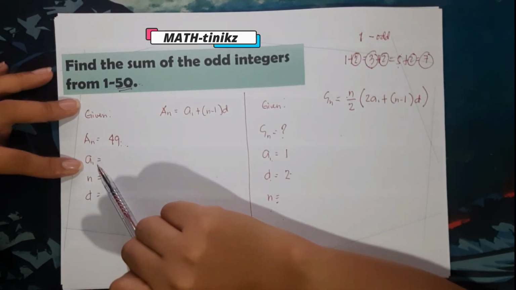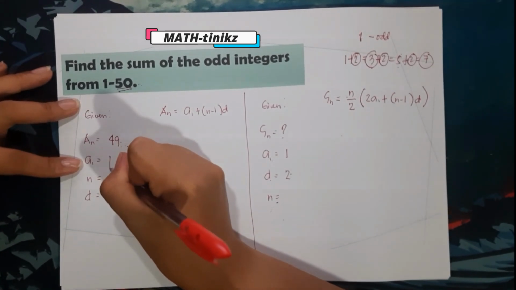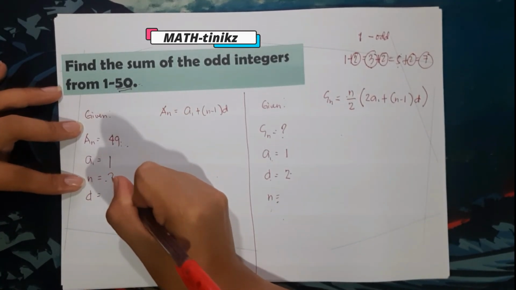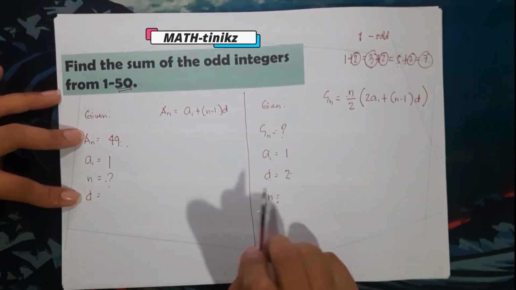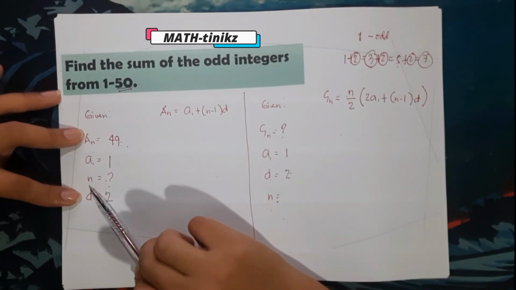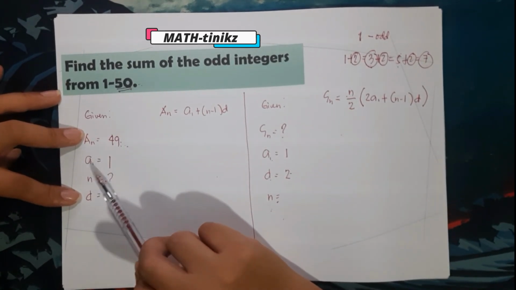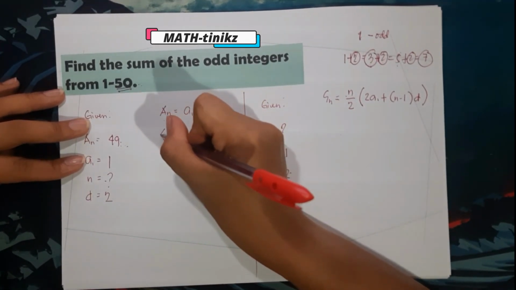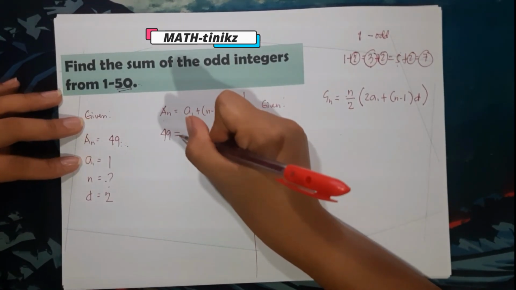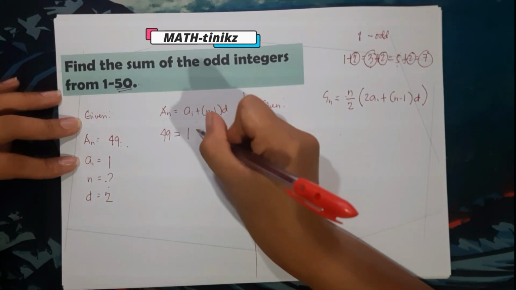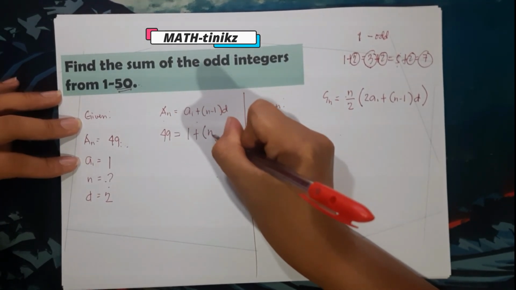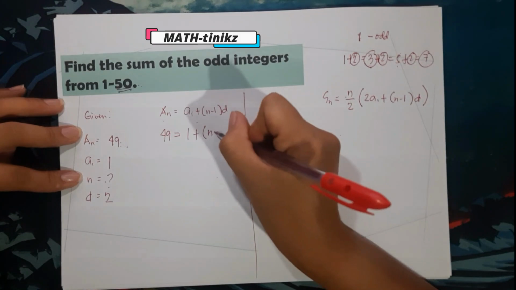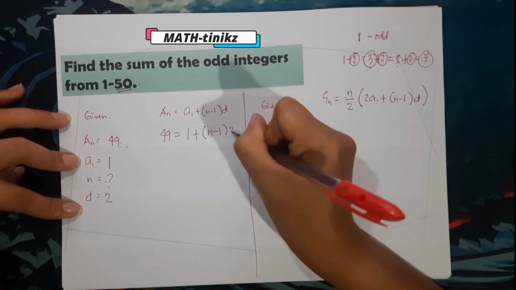And the first term is 1, the number of terms is the unknown, and the common difference is 2. Just substitute all the givens on our formula. The value of a sub n is equal to 49, the first term, which is 1, plus the number of terms n, just copy, minus 1, and the common difference, 2.